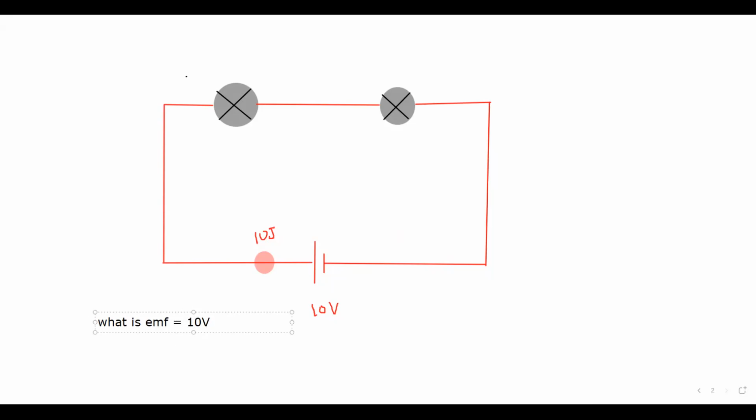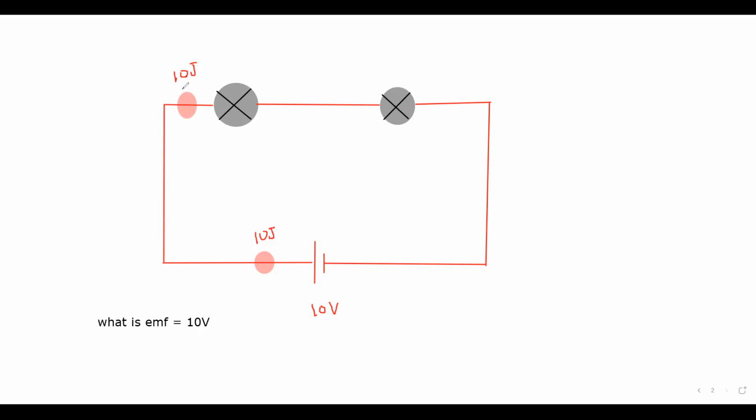The energy divides between the components depending on another property which is called resistance. If identical components are there, the same amount of energy will transfer. If different components are there, a different amount of energy will transfer.